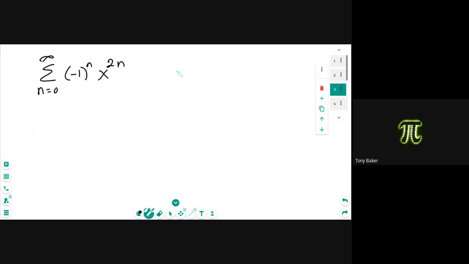This is a geometric series, which says the absolute value of u is less than 1. In this case, my u was negative x squared, right? So that would change.